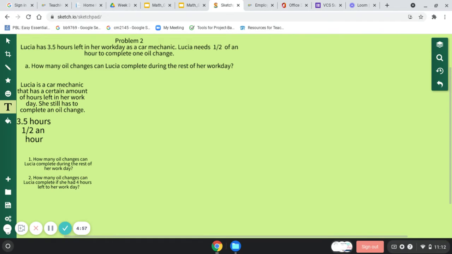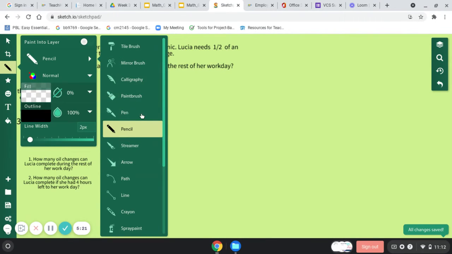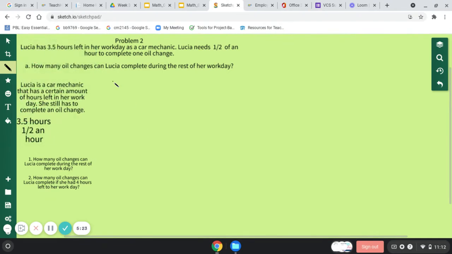In order to do an oil change, you need a half hour. So to complete an oil change, you need a half hour to do so. So we are going to see what that looks like. So we're taking 3.5. Pardon me. Okay. We are going to take 3.